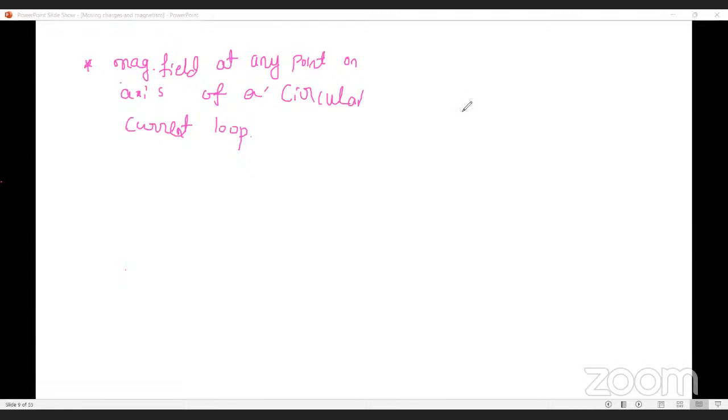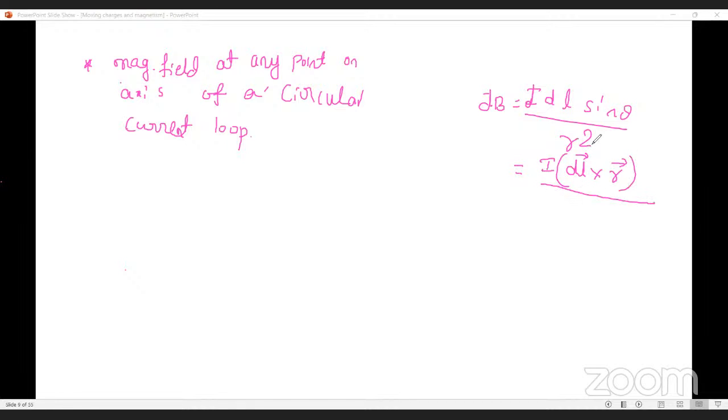Why r cube? The expression is dB equals I dl sin theta divided by r square. When you write it in the vector form, we take dl cross r and write I as it is.